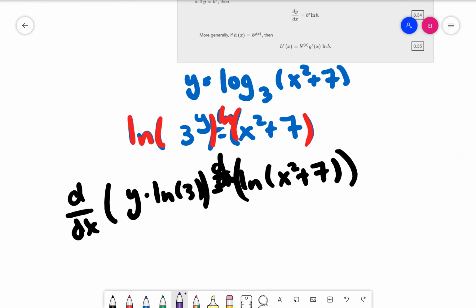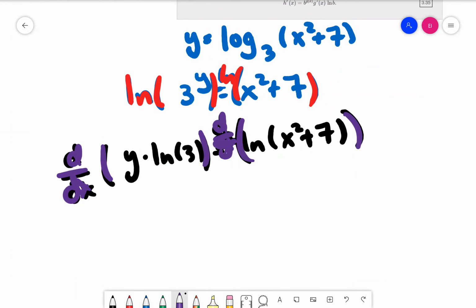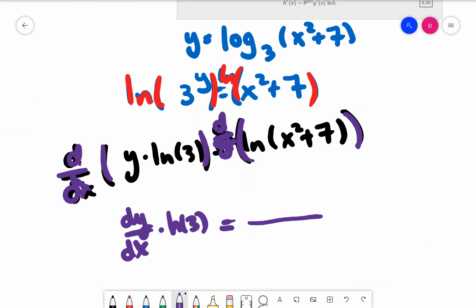And what you get then is dy dx times the natural log of 3, that's just a constant, equals, and now the derivative of the logarithm, well, we know that it's u prime over u, so that's going to be 2x over x squared plus 7.